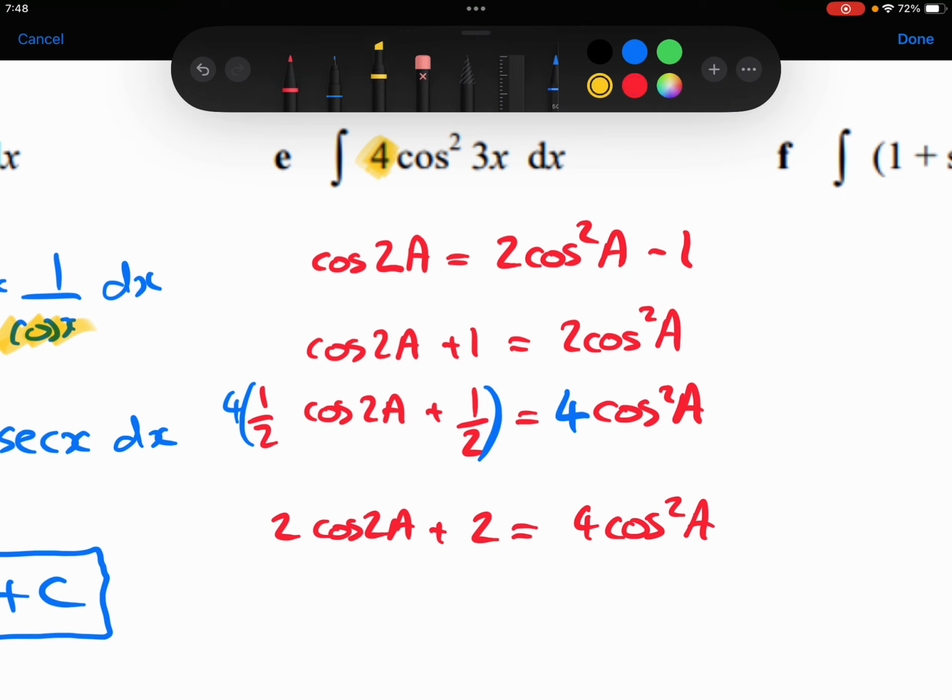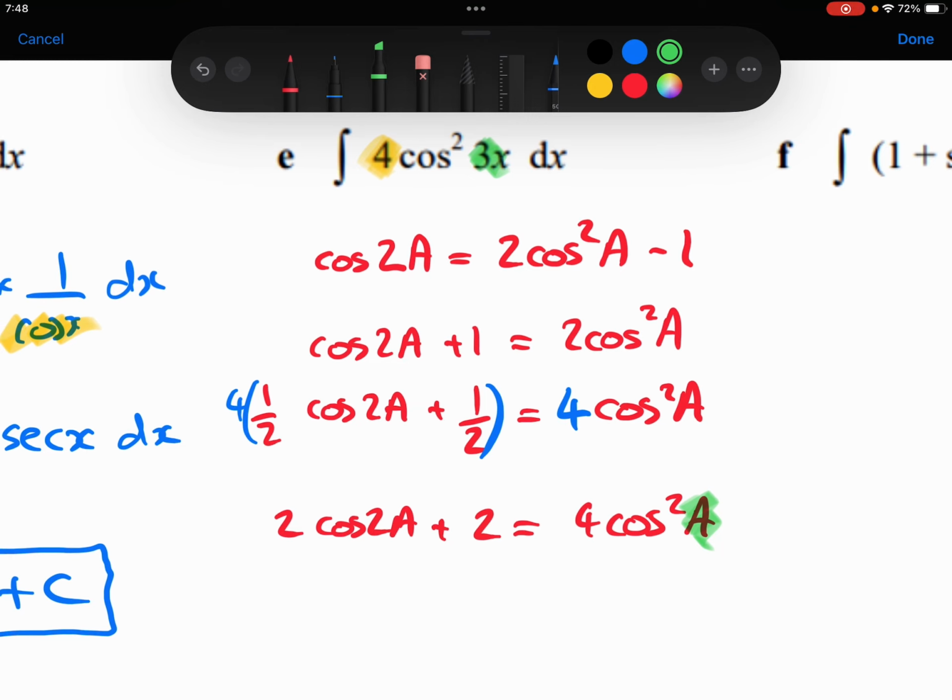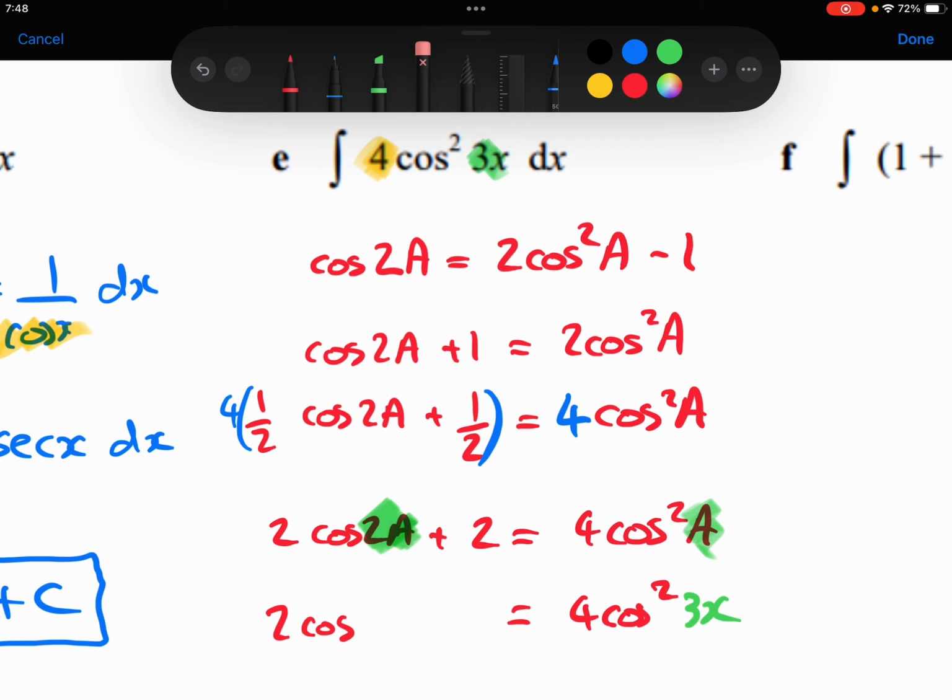The other adaptation I'm going to make is that instead of the a, I've got 3x. So if I swap this a to be 3x, then I also need to change this a to be 3x, which means I'm going to have 2 times 3x, which will be 6x.